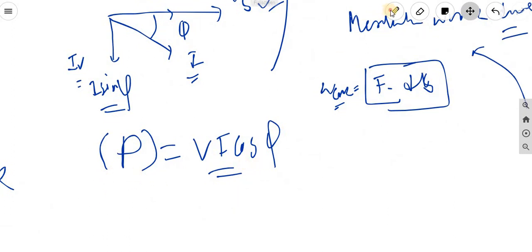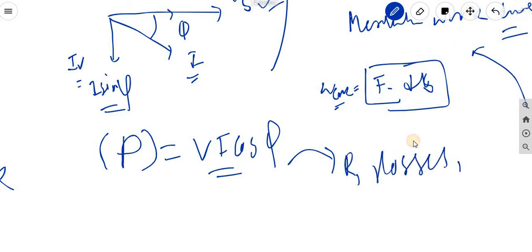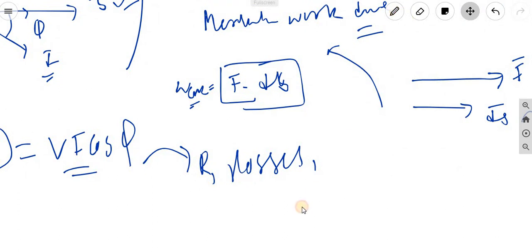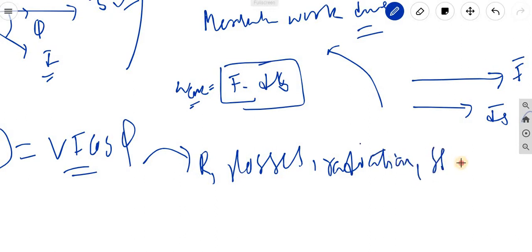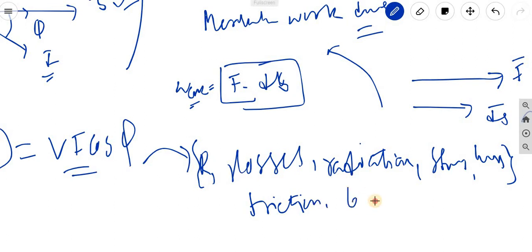That power can be delivered into the resistance, or to losses, active power losses in terms of radiation, stray power losses, and many more, like friction and bearing losses.